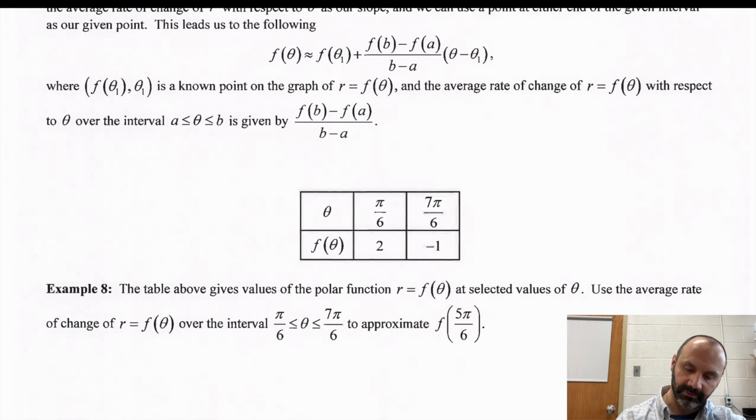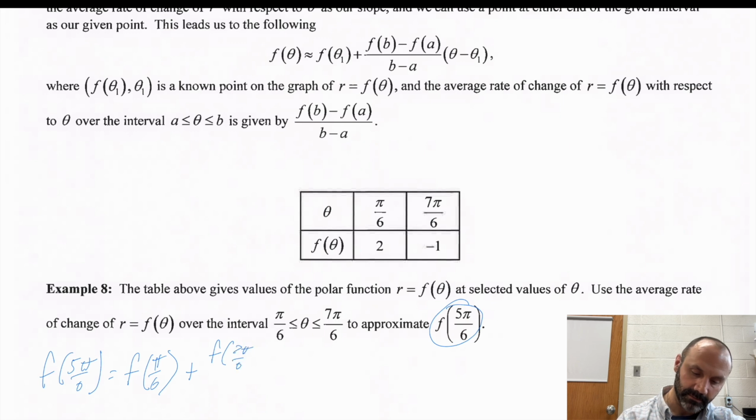And so we're trying to find f of 5 pi over 6. So f of 5 pi over 6 equals f of theta 1. So that again is our pi over 6 plus. So now it's f of b. So it's 7 pi over 6 minus f of pi over 6 over, and now it's just the thetas, right?